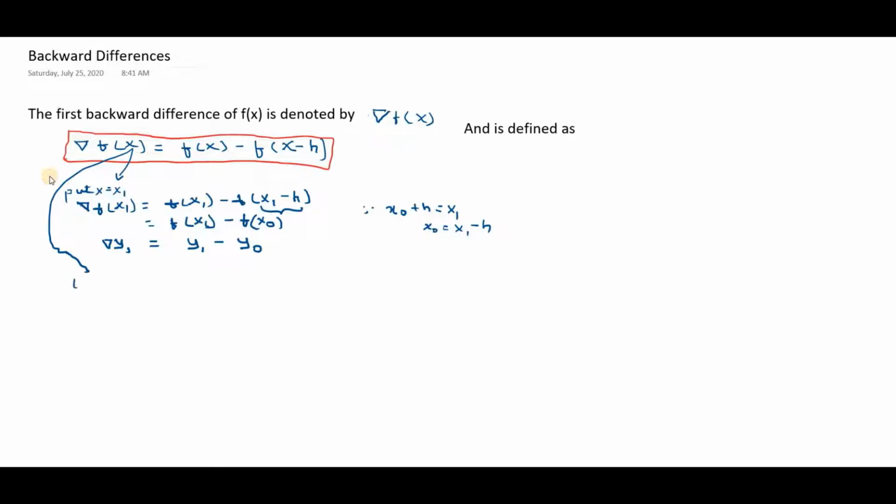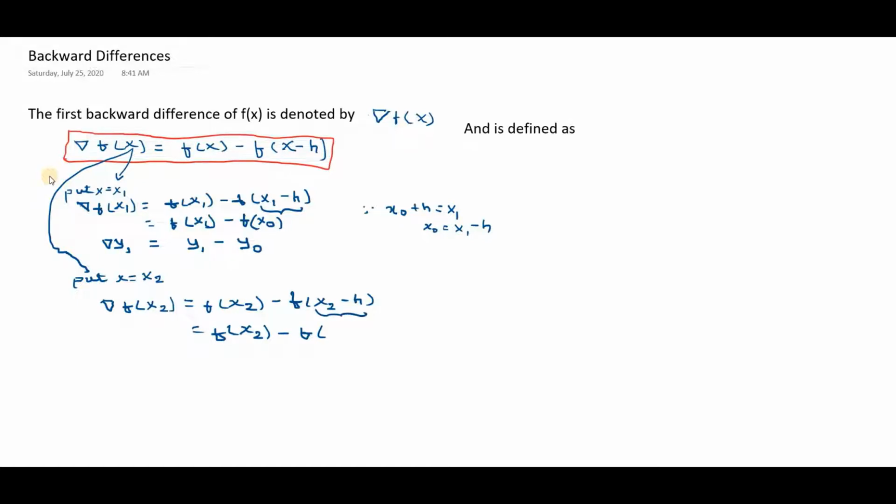I'll write here, put x is equal to x2, and if you substitute x is equal to x2, we get del f of x2 is equal to f of x2 minus f of x2 minus h, and this is equal to f of x2 minus, what is x2 minus h?